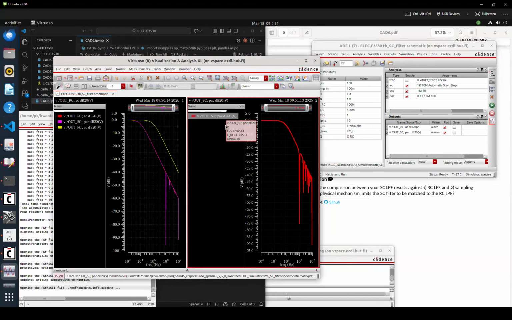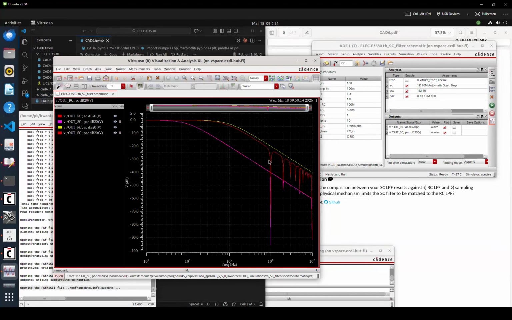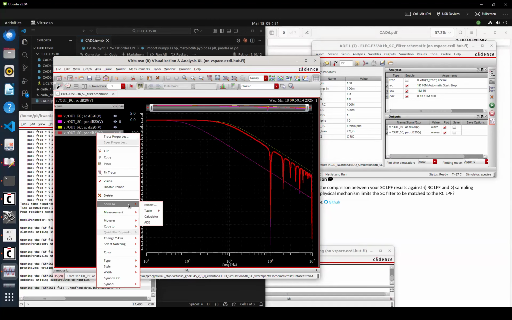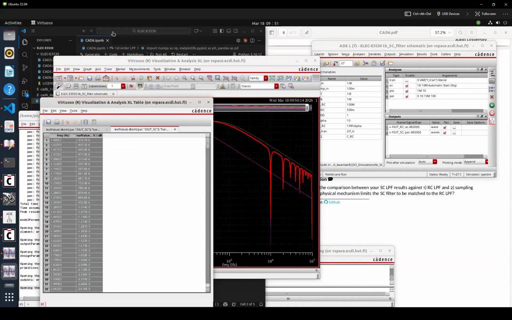Yeah, so if I move this one toward here, you can see that the sample and hold operation is shown, and it has a discrepancy between this RC and SC. This is as expected from the previous lecture slide. Let me also save this one.